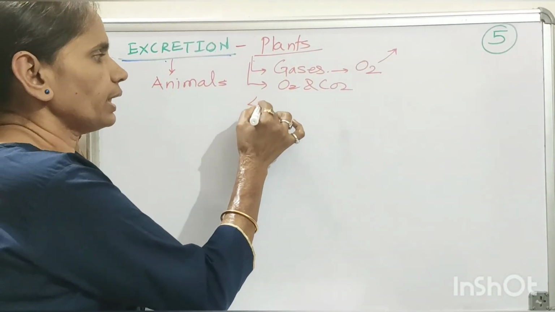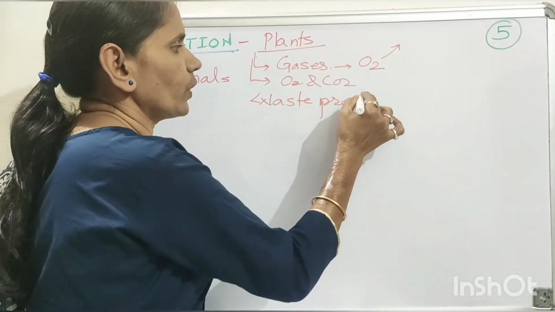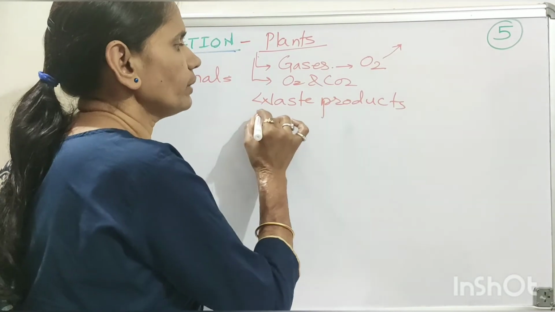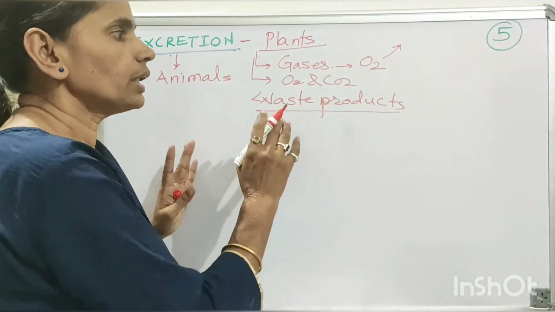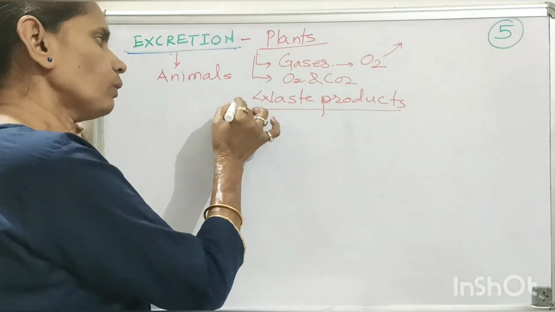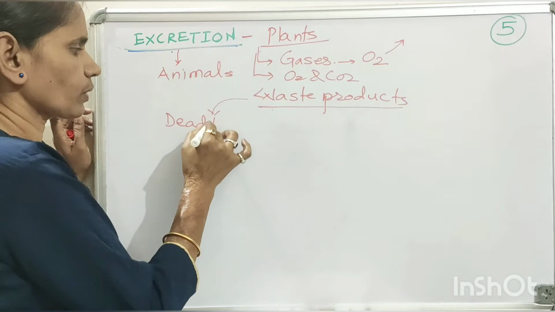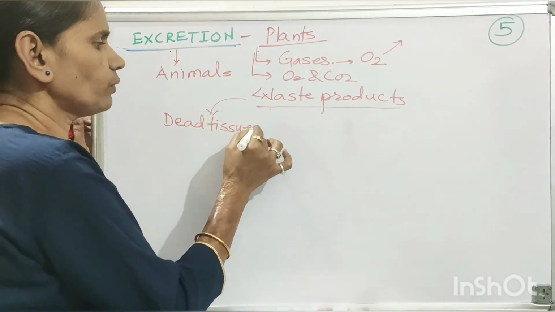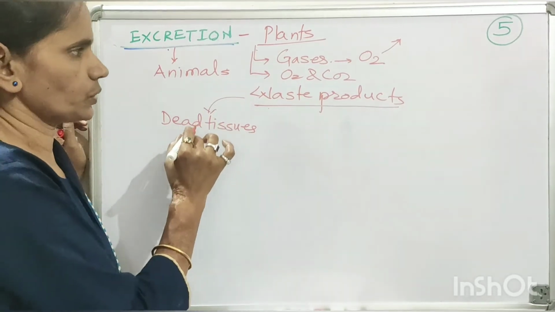Now apart from this, there are other waste products, and plants deal with the different waste products with different approaches. Plants in most cases have dead tissues, so some of these waste products are stored in these dead tissues.